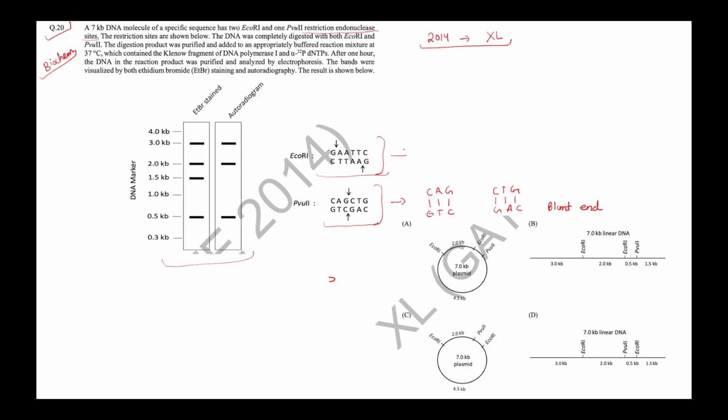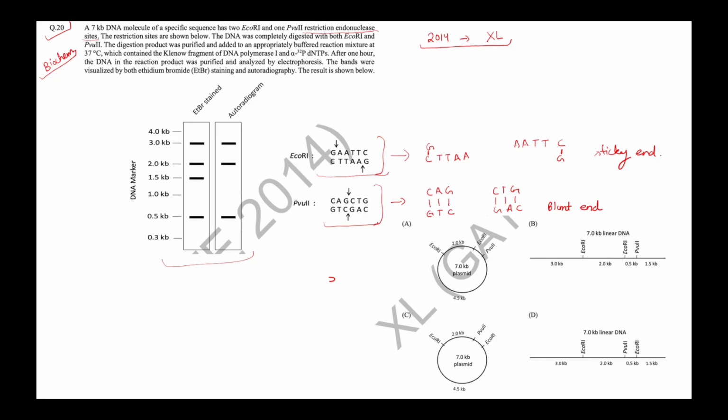While EcoR1, after the digestion, will produce an end like this. So this is called a sticky end. So these are two different kinds of ends produced after restriction digestion, blunt end and sticky end, which you can see here.